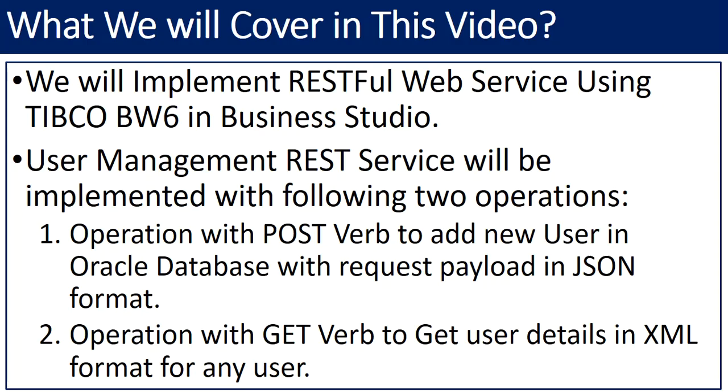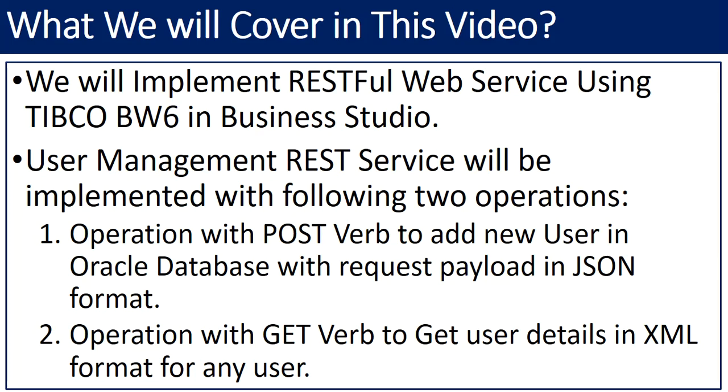So here is the use case that we are going to take into consideration for this video tutorial. We will be implementing a user management RESTful web service using BW6 Business Studio. And in the post operation, we will be accepting input requests from the client in the JSON format, and we will be saving the data into a table in the Oracle database.